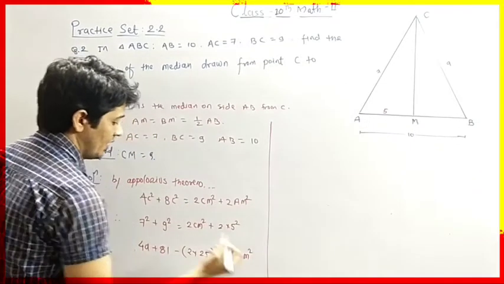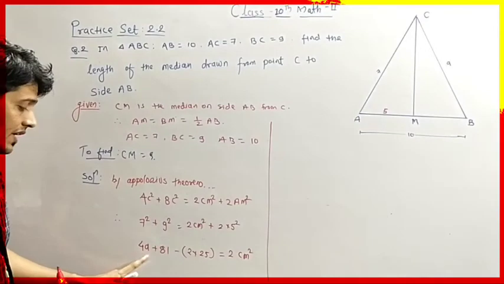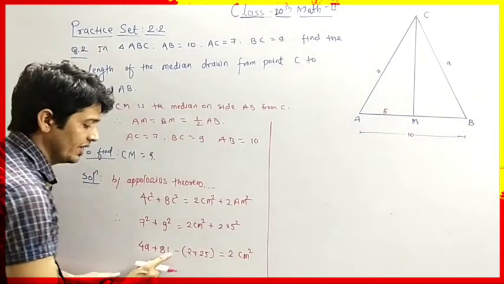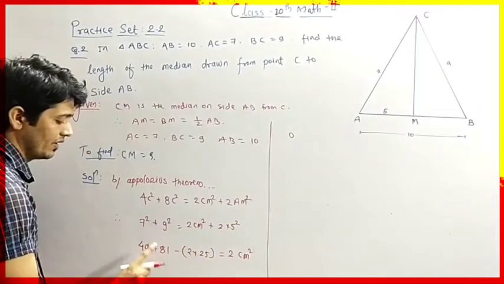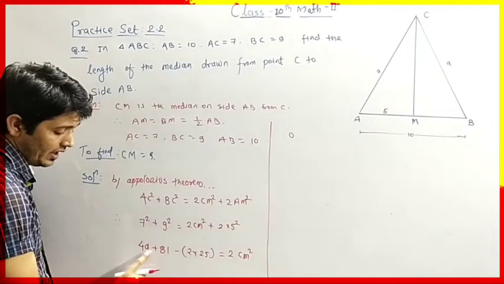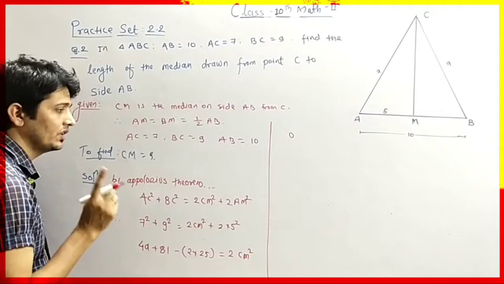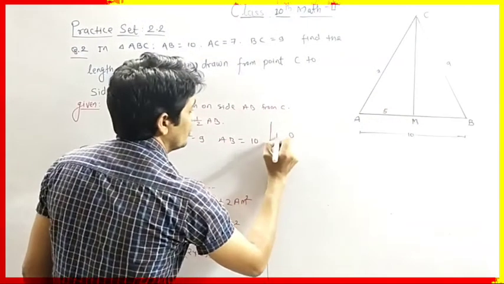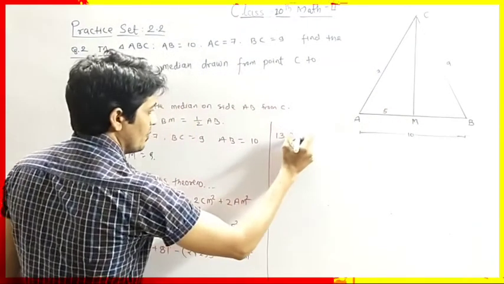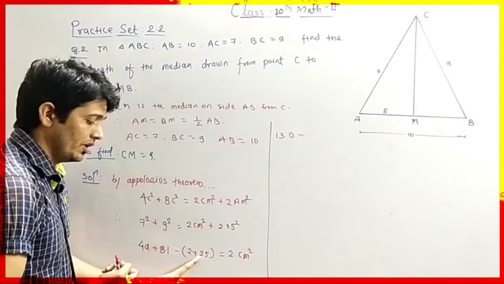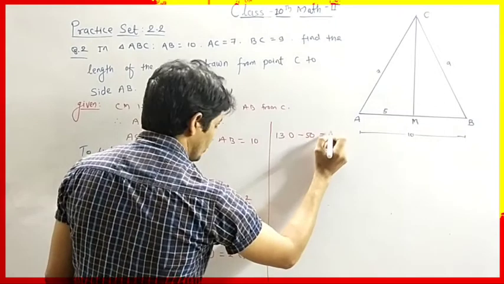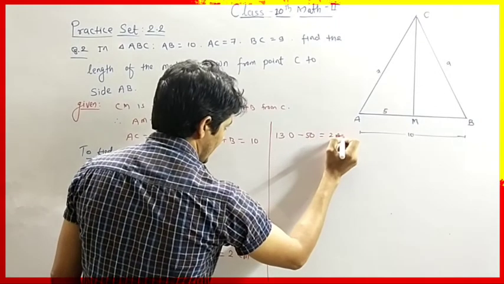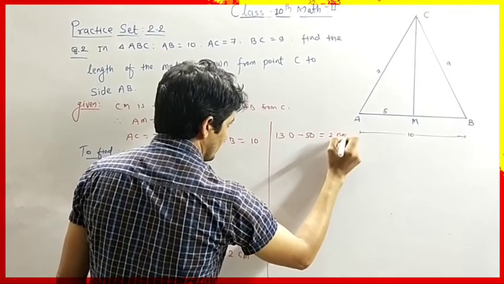Now 49 plus 81: 9 plus 1 is 10, 0 and carry 1. Then 8 plus 4 is 12, and 12 plus carry 1 is 13. So it will be 130 minus 25 into 2, which is 50, equals twice of CM square.